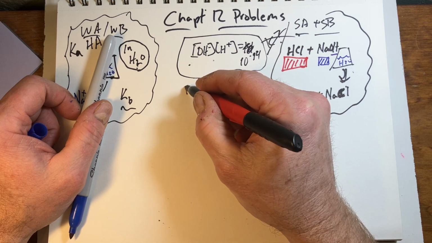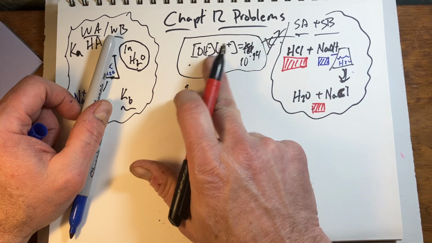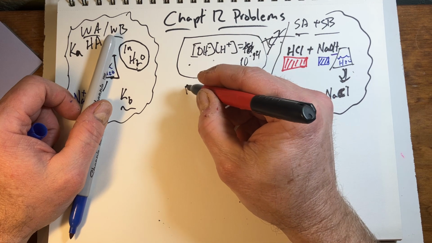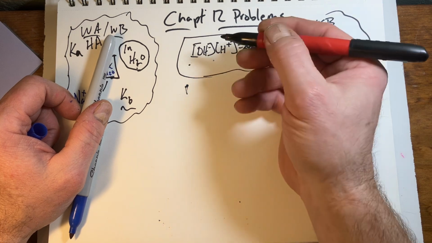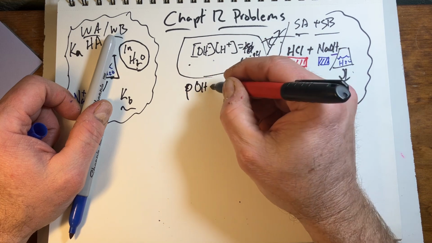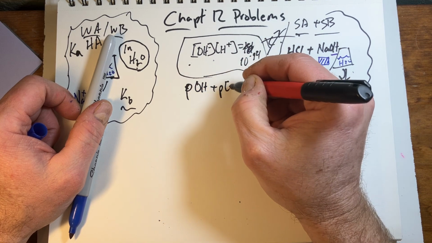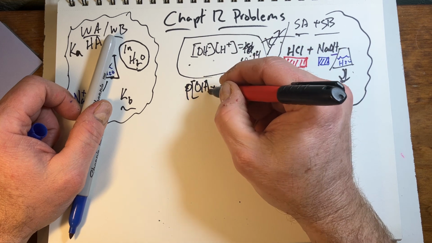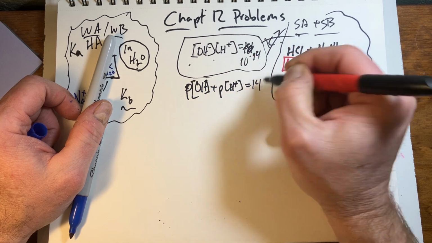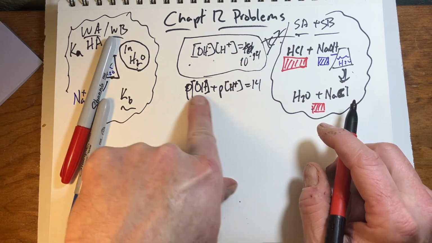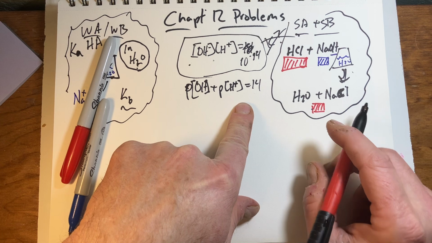Or, as we've seen more in class, we can take the negative log of both sides, and if we do that, the negative log is P, so we can say the pOH plus the pH, these are concentrations we're looking at, is equal to 14. It's just a negative log of one side and a negative log of the other that would give us this equation here.